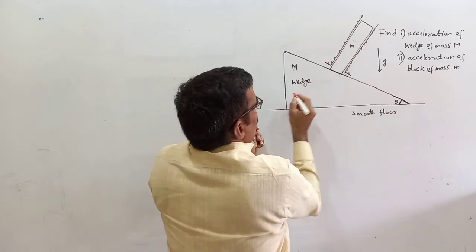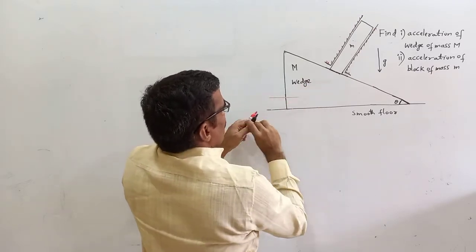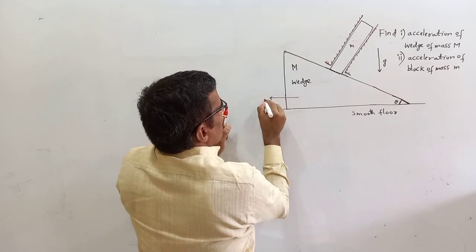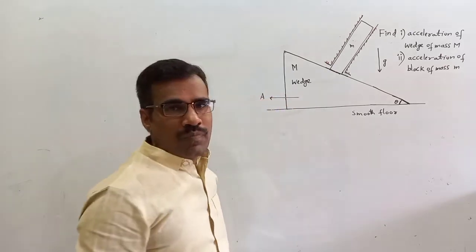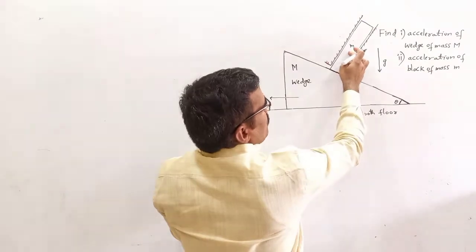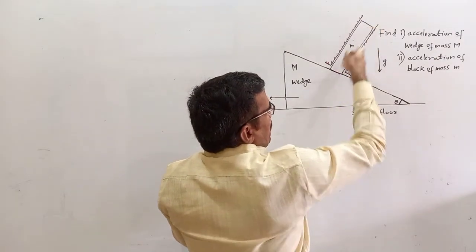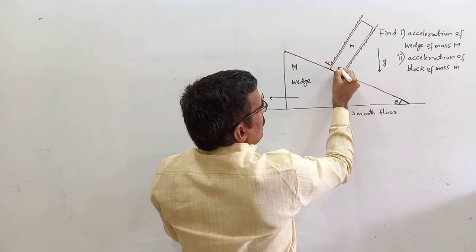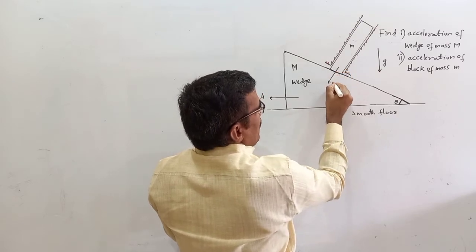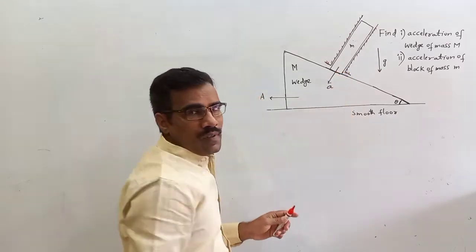That's why the wedge moves along the horizontal with acceleration capital A. For small m, the only provision is that it moves along this side, so its acceleration is considered as small a.